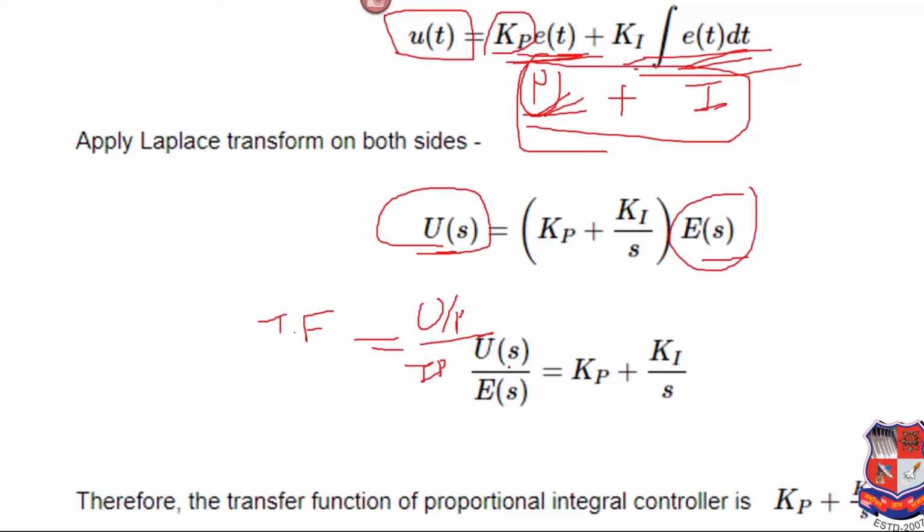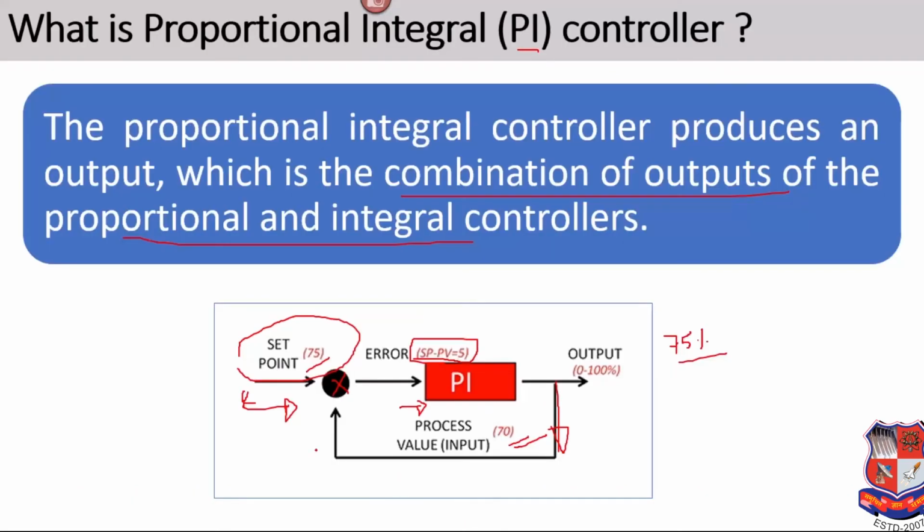So output is U(s) and input is E(s). We already saw in the last diagram that we produce u(t) over there, so taking just this part, this is my output and this is my input.